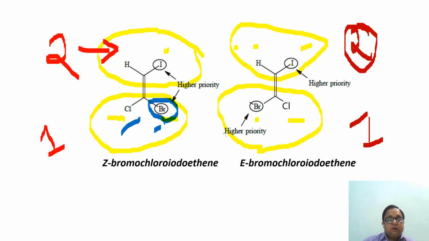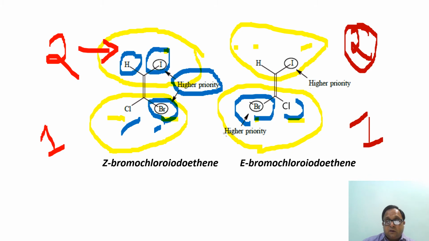Now look at carbon number 2: it has hydrogen as one substituent and iodine as the other. Iodine, having the higher atomic number, gets higher priority. Now both higher priority groups are decided. Now look at the second molecule. In the second molecule, this carbon again has bromine and chlorine. So which one gets higher priority?